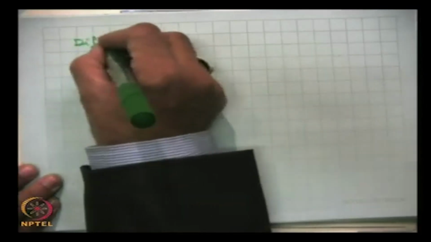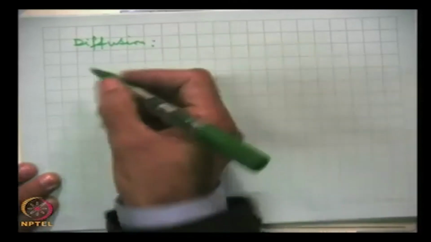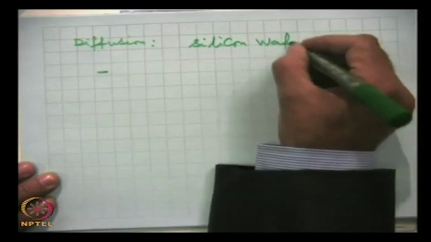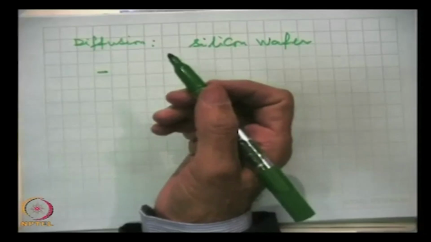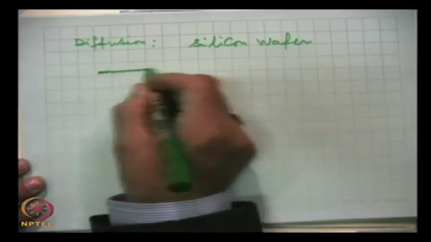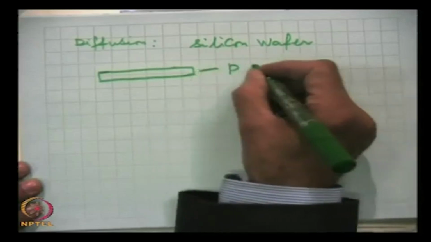The other process is diffusion. Again the starting point is a silicon wafer, which may have a diameter of 2 inches, 3 inches, 4 inches, and even 6 inch wafers are widely used, and if we want to make an NPN transistor, then this will be P type silicon.